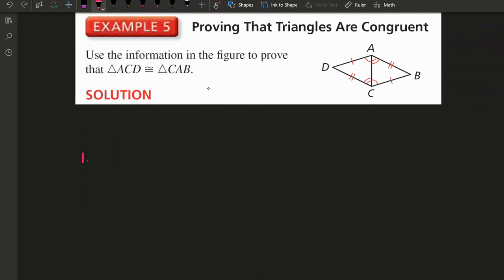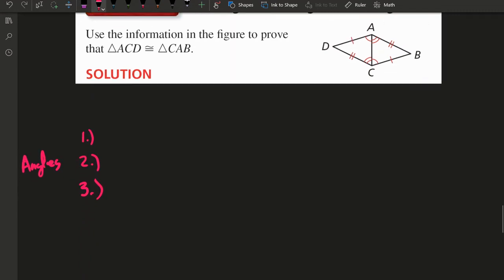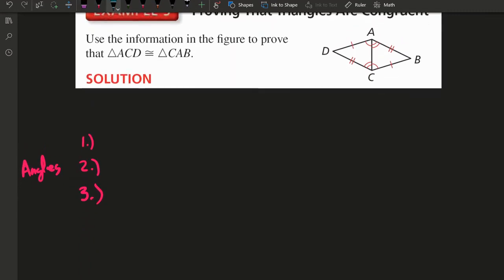I'm going to do statement 1, 2, 3, and I'm going to make a little note here that these are going to be the angles. That's not an official part of the proof, that's just for my own organization. And then 4, 5, 6, and these are going to be the sides.